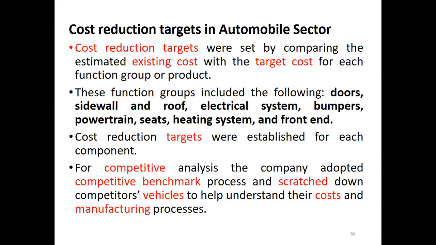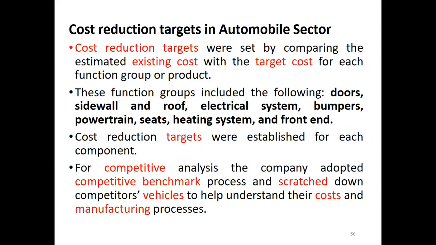Okay. These function groups included the following: door and sidewall and roof, electrical system, bumpers, power train, seat, heating system, and front end. So these are the areas where target costing will be decided. इसमें हमको क्या करना है? Cost saving करनी है.